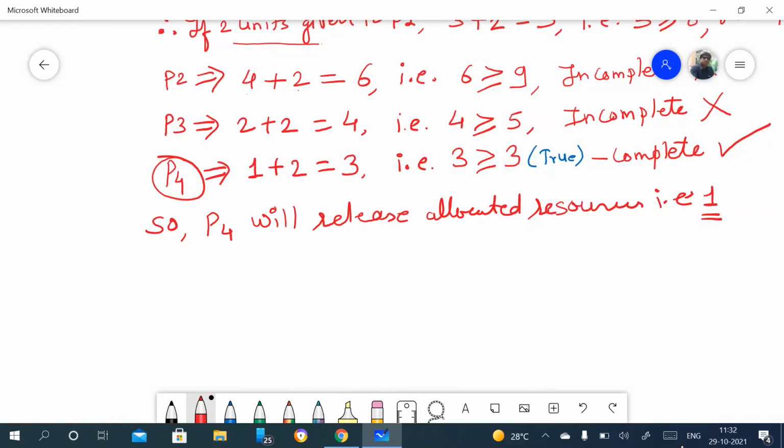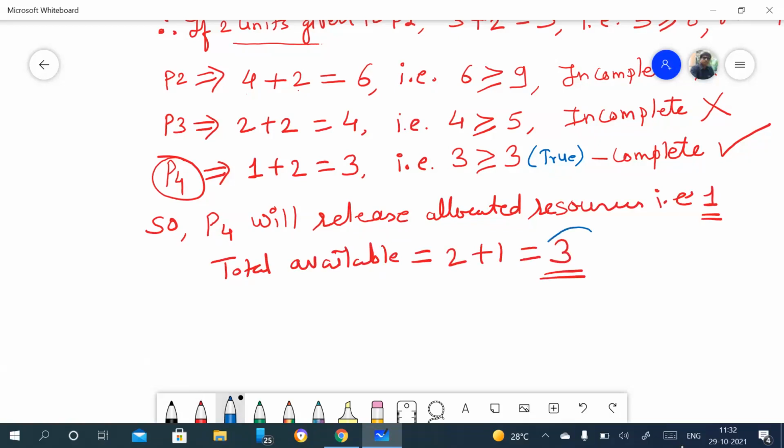Okay. So now total available, how many? We previously had 2, and this 1. So 2 plus 1, this is total. Now we have 3 resources in our hand, right?